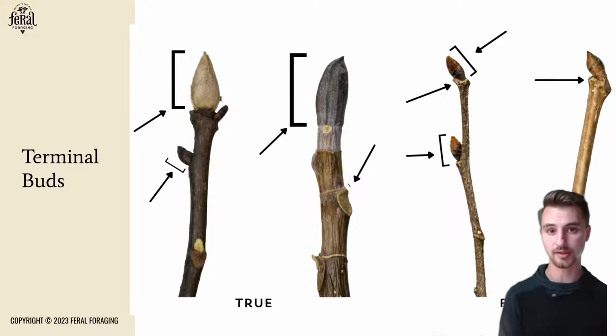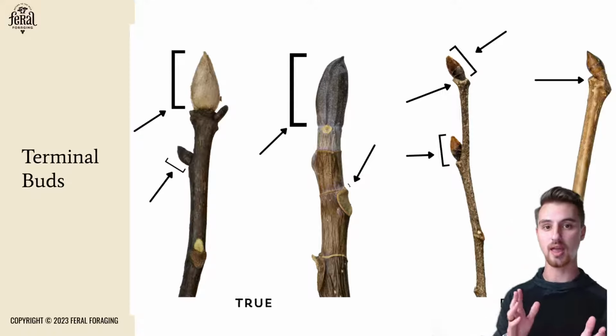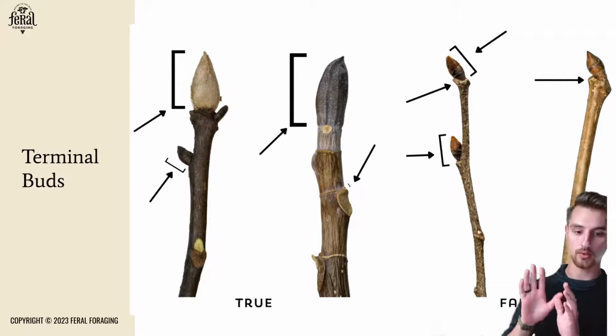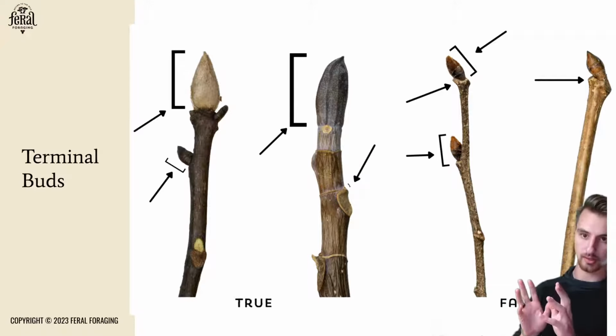Another way that this is often stated is whether or not there is a terminal bud present, and I'll walk through that. On the left-hand side, those are examples of having a true terminal bud, where a terminal bud is present. What I'm highlighting in the slide is that the terminal bud is significantly larger than the buds that are on the side.